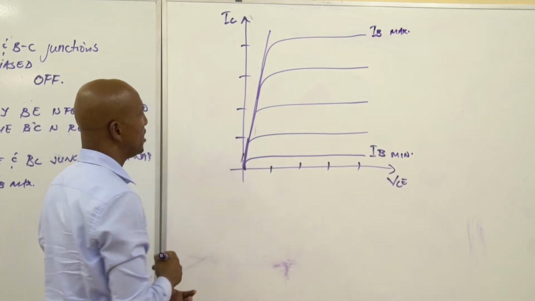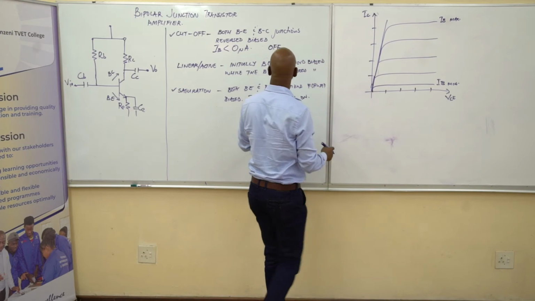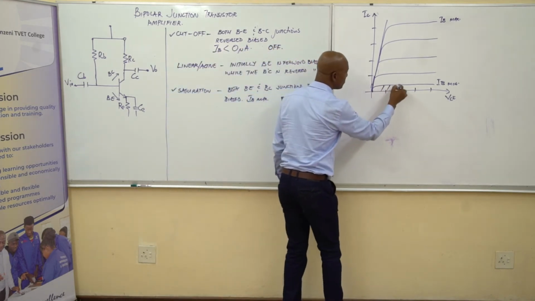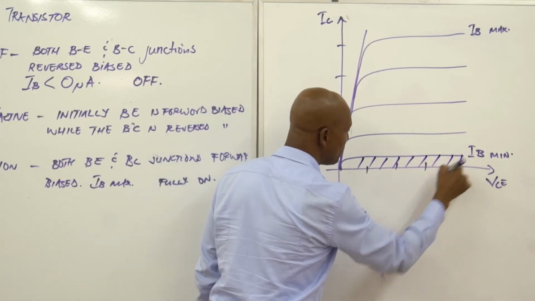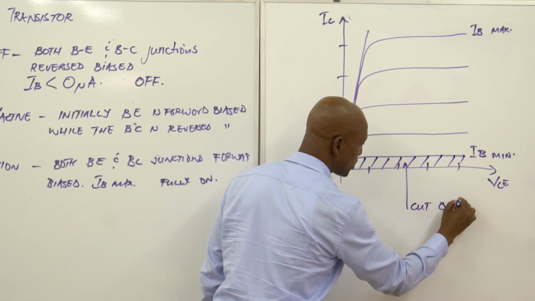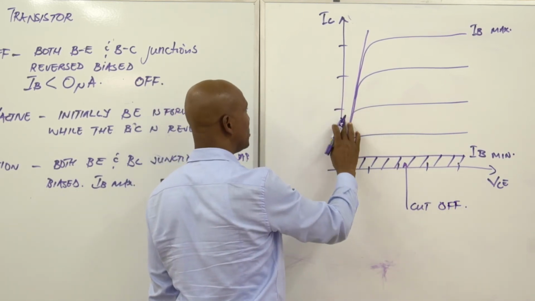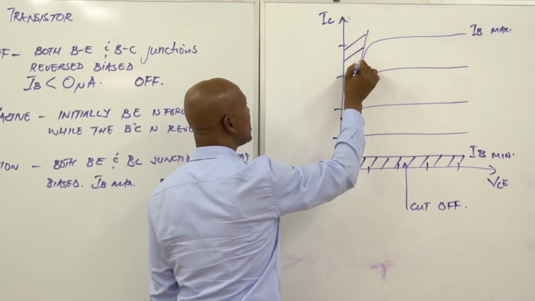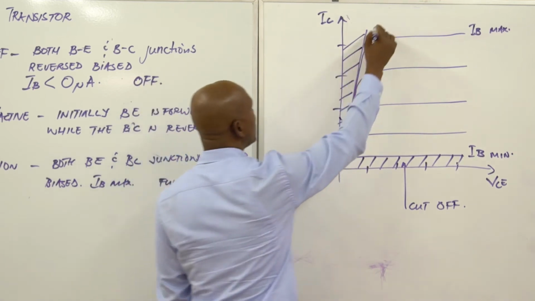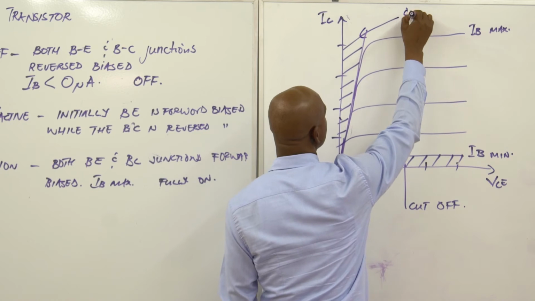Okay, that being said, we said if IB is minimum, it will be off. So anything below IB minimum will be what we call the cut-off region. So this is our cut-off region. So anything that will appear across IB maximum, this is where we call the saturation region.